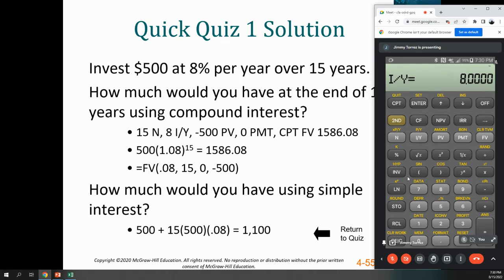And finally, I have 500, and I'm going to make this negative because that's how much I put in. It's negative 500, PV, enter. And I want to compute future value. So I hit CPT, future value, and that gives me $1,586.08. Just like here, right?